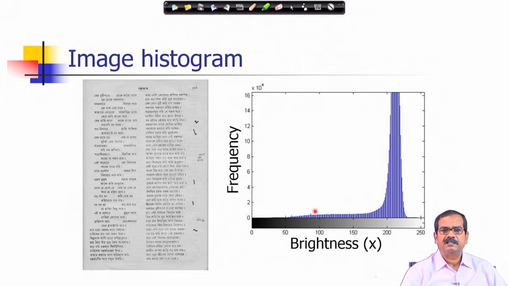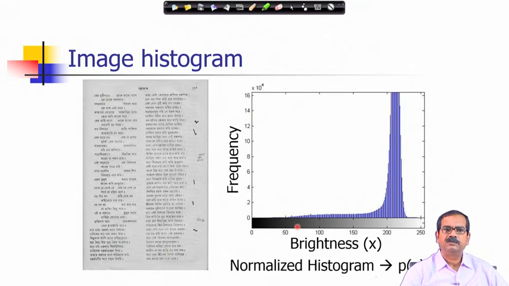But presently, let us concentrate on this fact that an image histogram is nothing but the frequency distribution of the brightness value, and from this frequency distribution you can get the probability distribution of the brightness value. If I normalize the histogram, that means all these frequencies are divided by the total number of pixels of the image, then you get the probability distribution of the brightness values.